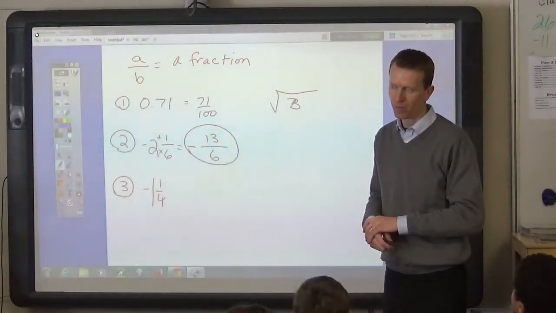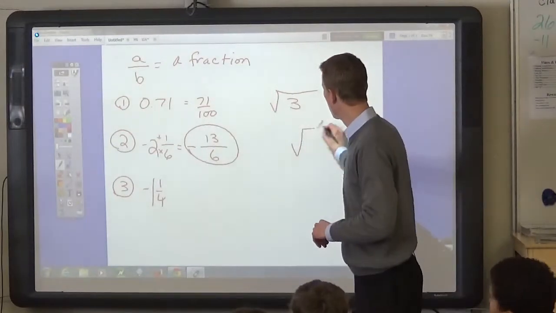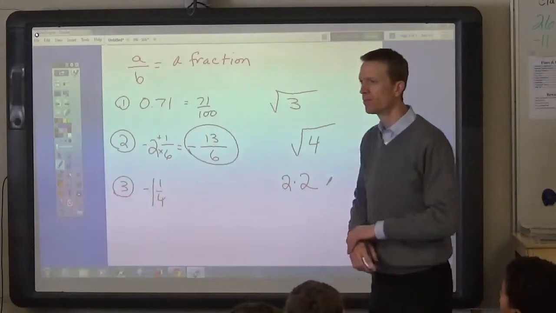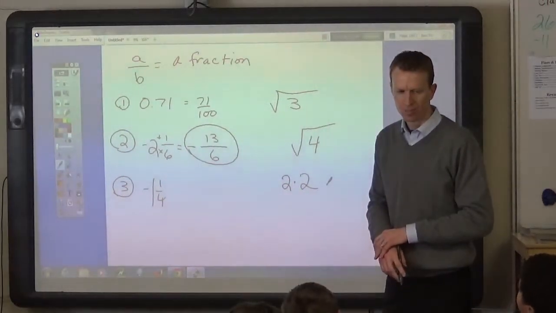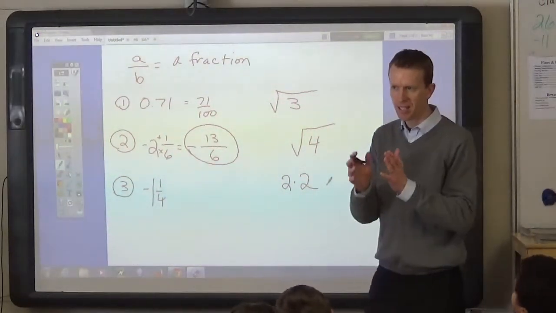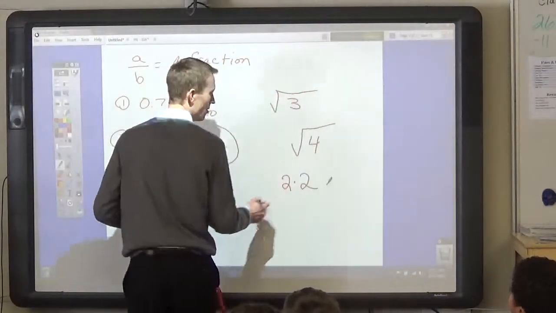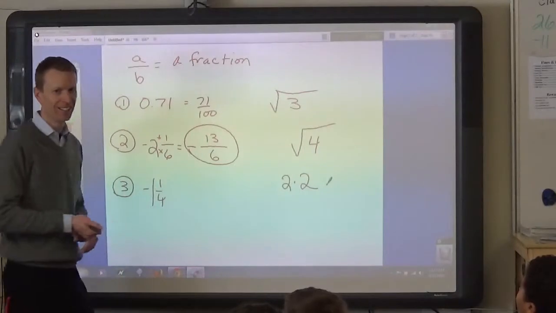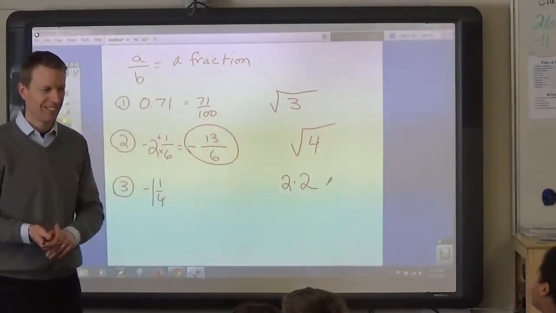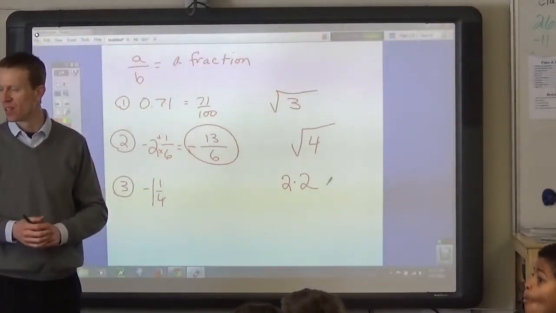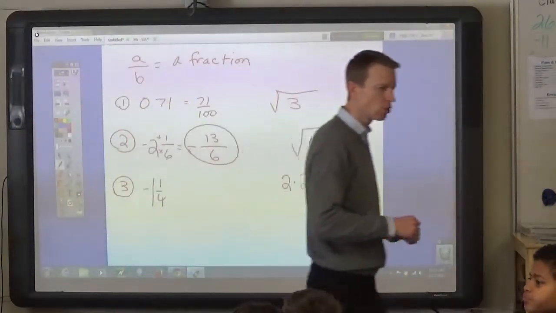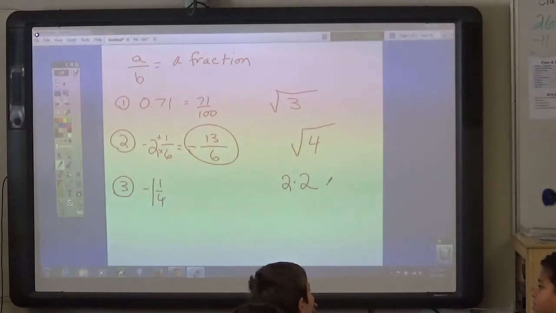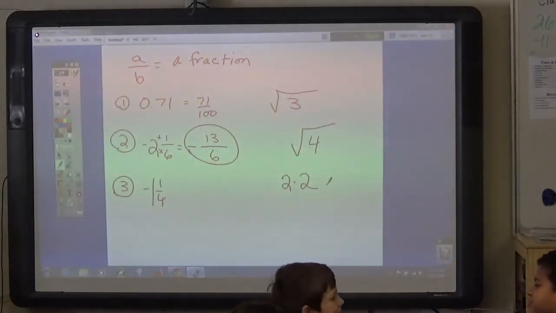No, no. For example, the square root of 4 is 2 times 2, right? No, it has to be the same number. It's not 1.5 times 1.5, is it? How do you put in square root? On your calculator, there's a square root button. So lots of square roots are irrational numbers. Okay? Things like that.